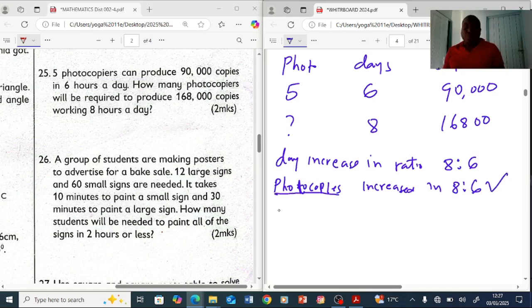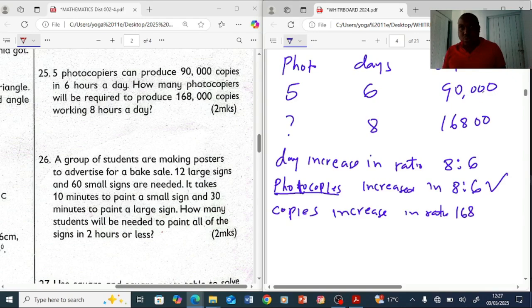Let's look at the copies. Copies increase in ratio. Remember, if it is increased, it should be 168 to 90. I can remove the 2 zeros.